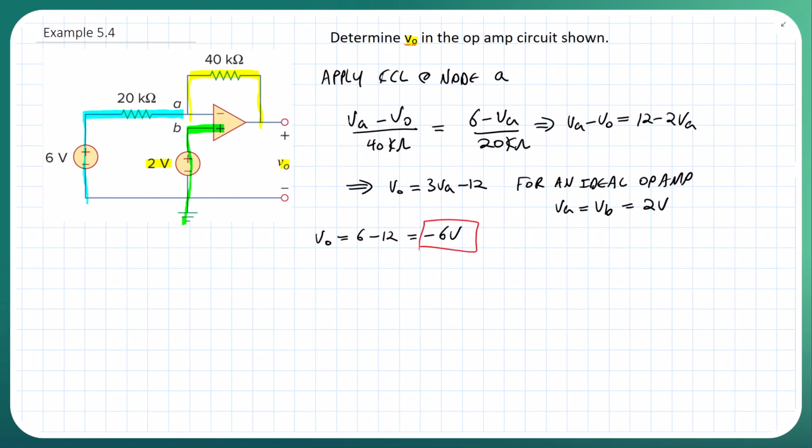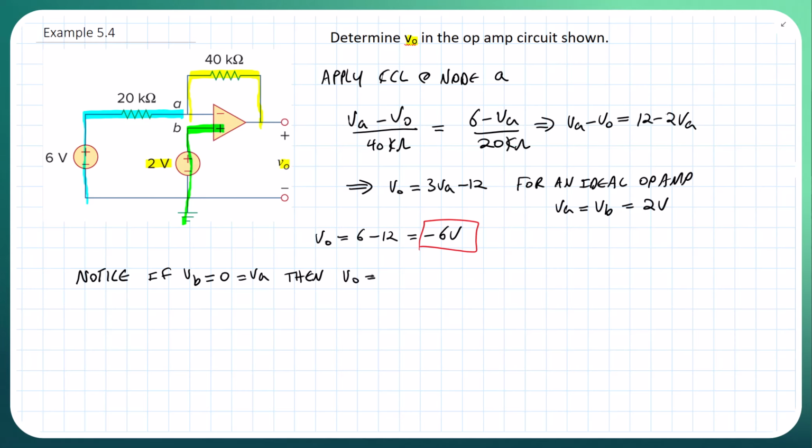One thing to notice is, if VB equals 0, which also will equal VA, then we just plug that back into the equation.